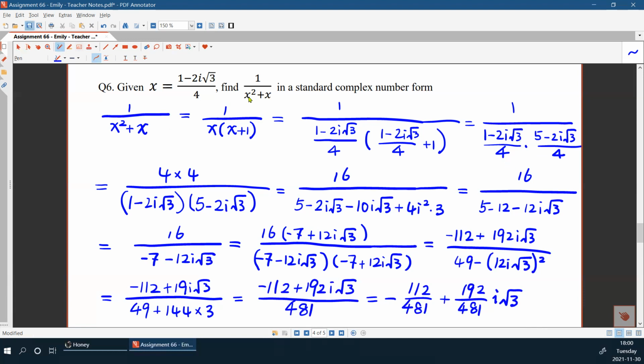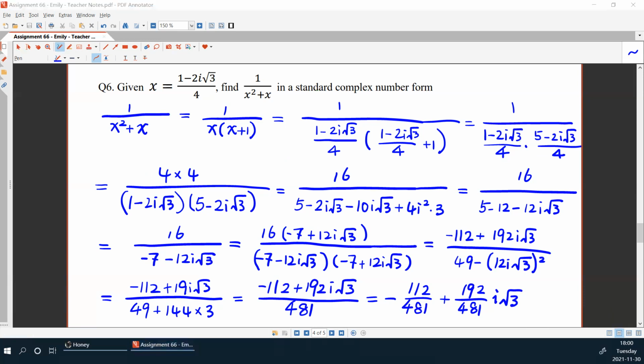Okay, so please have a look at the solution here. And if you haven't done it correctly, please correct it now, okay?